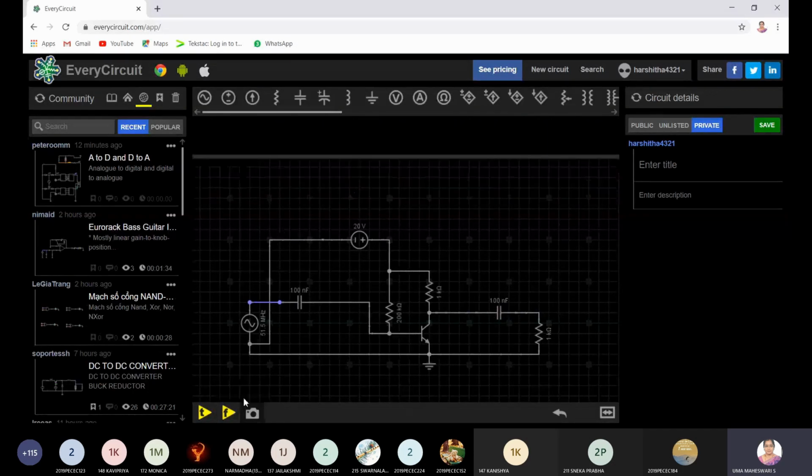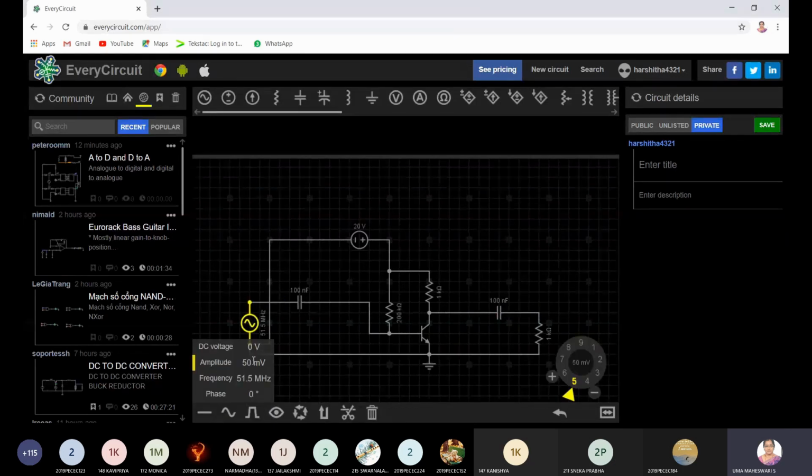Suppose you finished the experiment, so what you do is go back to the function generator, go to the settings. You see the frequency is 51.5 megahertz, yes or no? Now, if you reduce this back to 1 kilohertz, how do I expect my output waveform to be? If I reduce the frequency back to 1 kilohertz, how will my input waveform be?